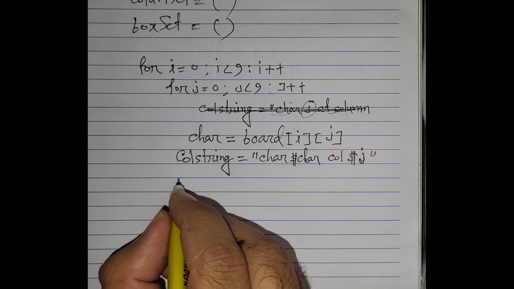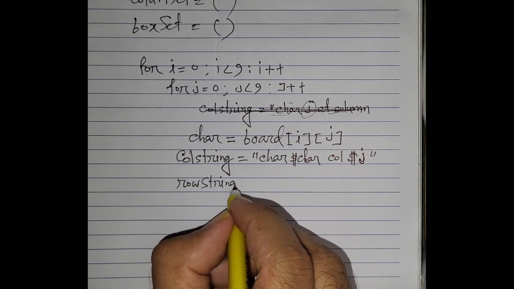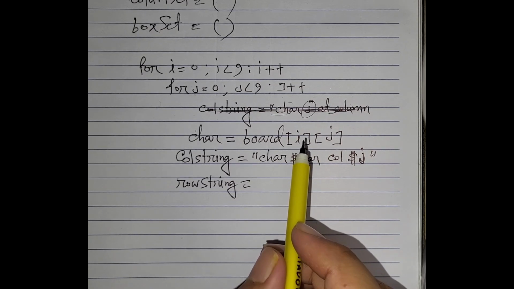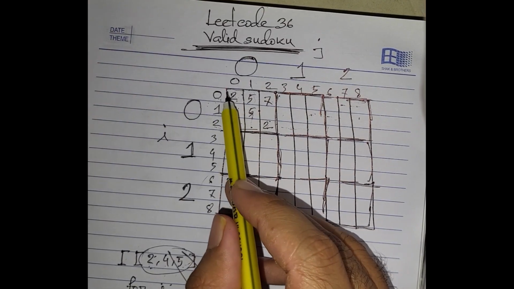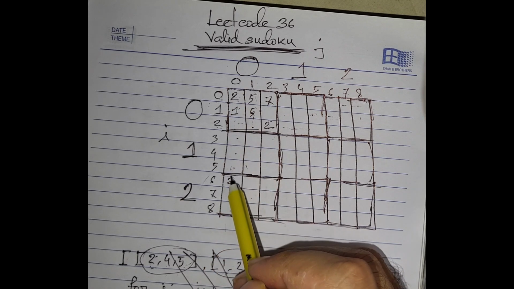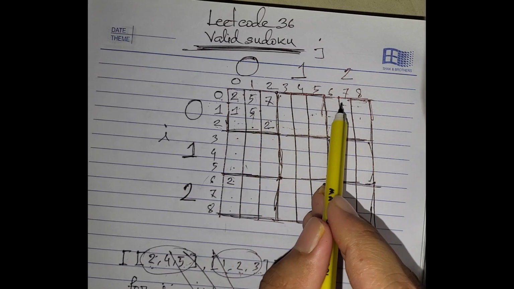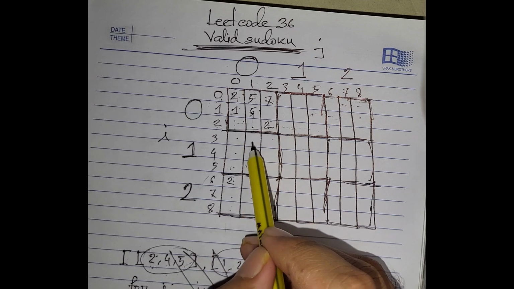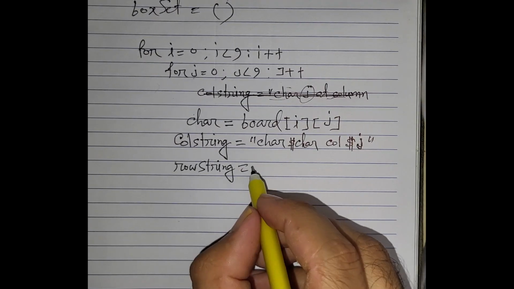Similarly, I will do it for row, because remember, each item belongs to a row and it also belongs to a column. So that's exactly what we're doing here.